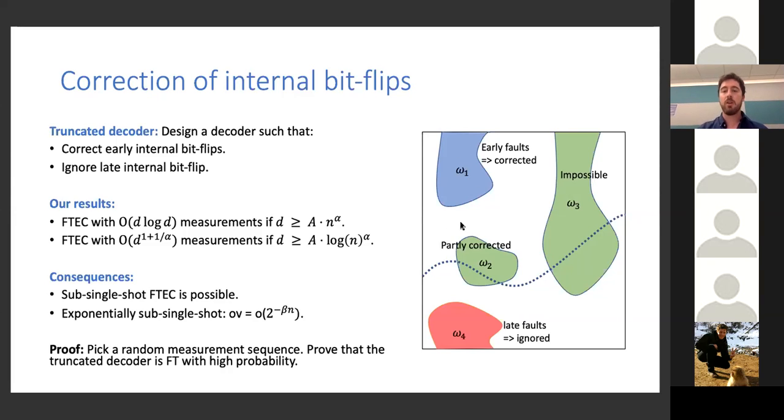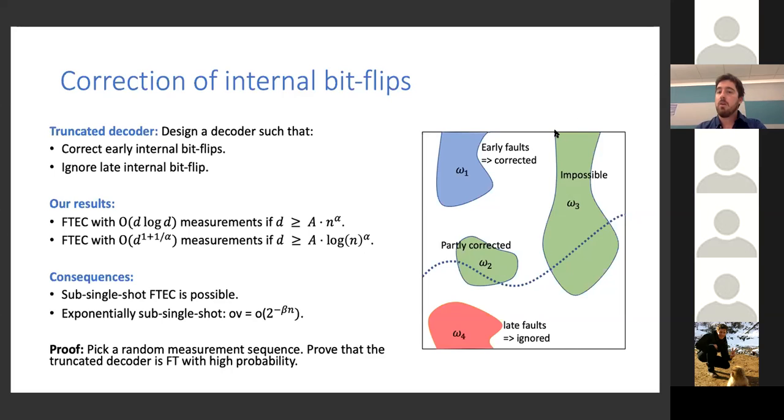I'm not going to go through the detail, but basically once we have a region defining what is early, we have early faults that will be corrected by our decoder, late faults like the red region that appear in the latest measurements that will be ignored by the decoder, and some partially corrected faults that appear in the middle of the scheme.